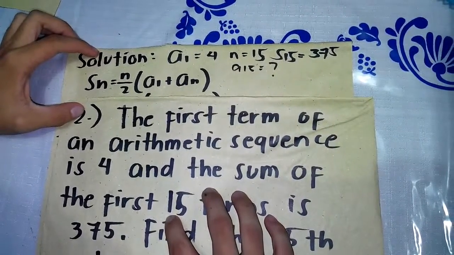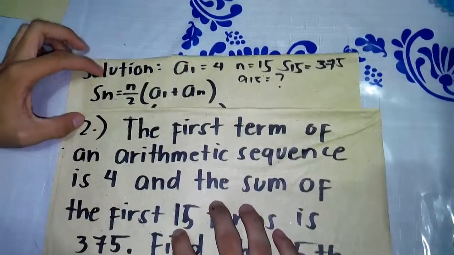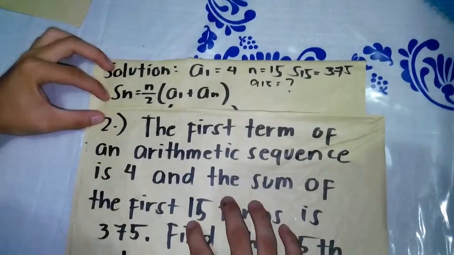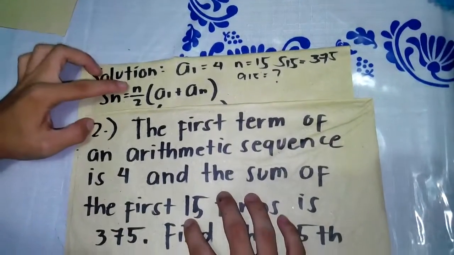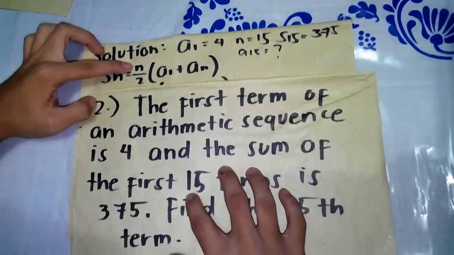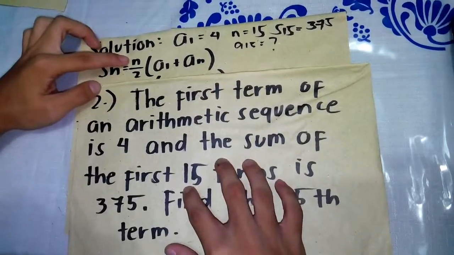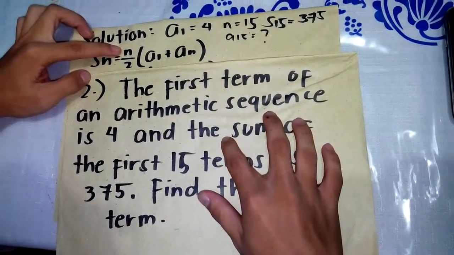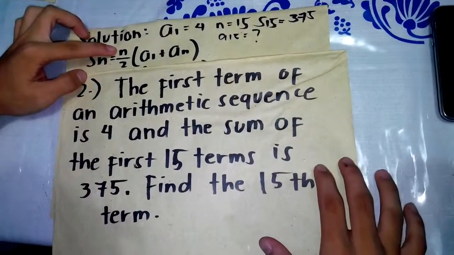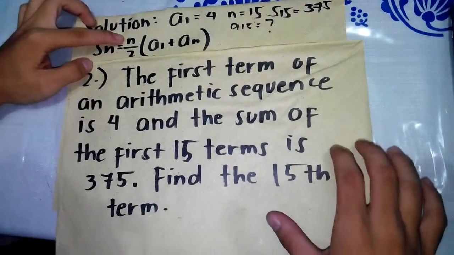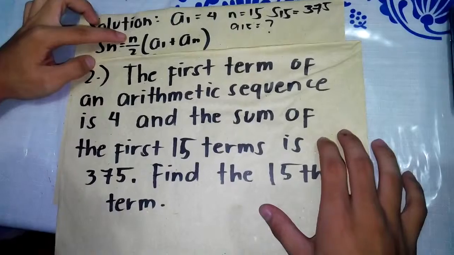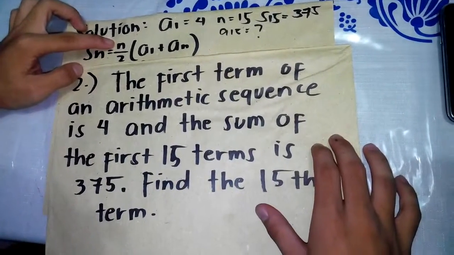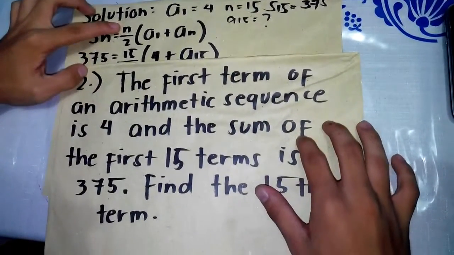Again, we are going to need our arithmetic series formula, which is S sub n is equal to n over 2 times (a sub 1 plus a sub n). In this case, we are going to find the value of the 15th term using the sum of the first 15 terms and our a sub 1 and n.